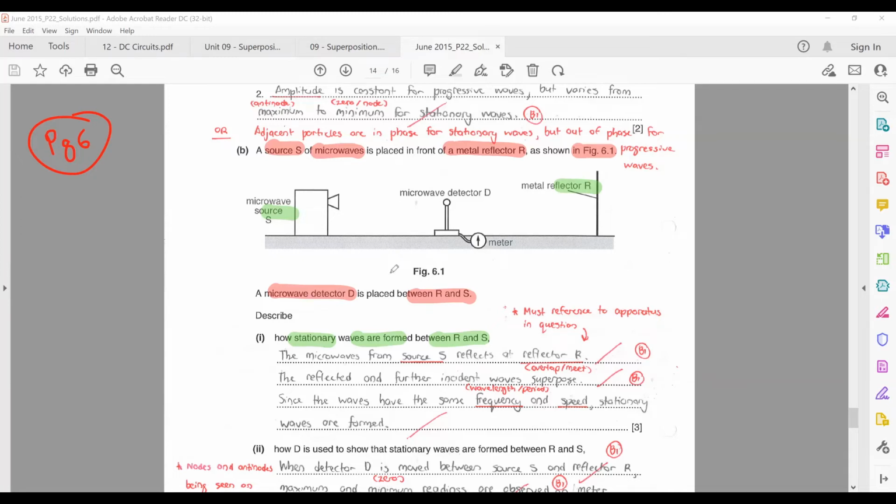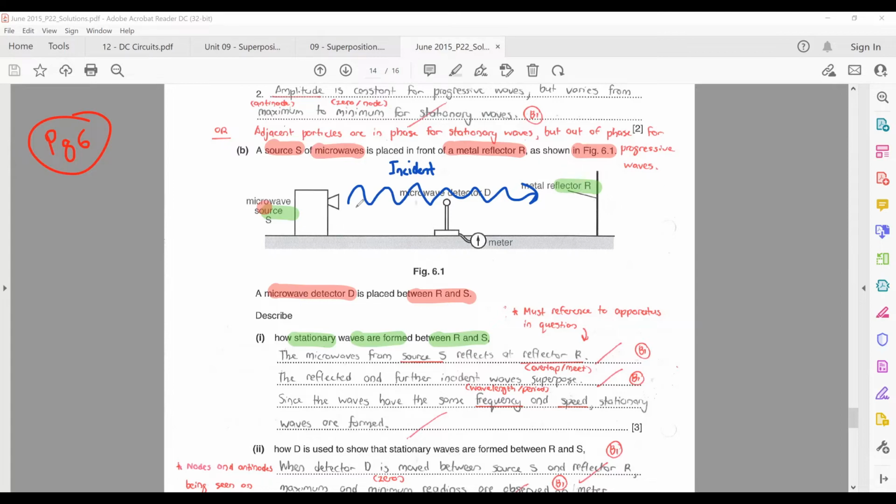So from what was described here, you have a source of microwaves. The microwave source is emitting microwaves towards the reflector. So this one is your incident wave, incident microwave. It is heading towards the reflector.